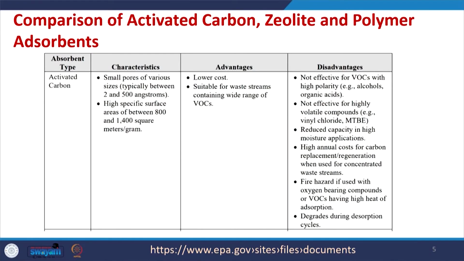So, this is possible. Now, the characteristics of activated carbon include various sizes of pores. So, they may range from 2 to 500 angstrom. So, that is a very wide range. So, that is why their applications are also wide, and they have very high surface area which is desirable as compared to other low cost adsorbents.